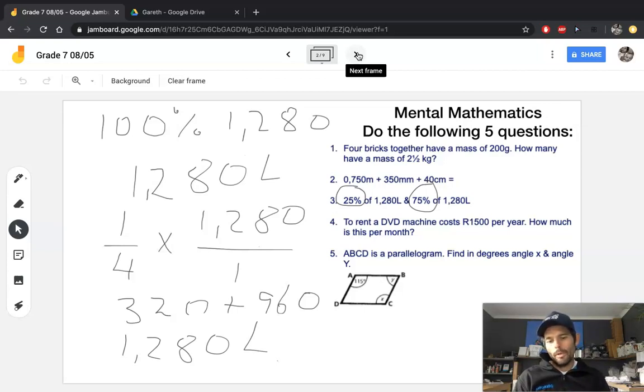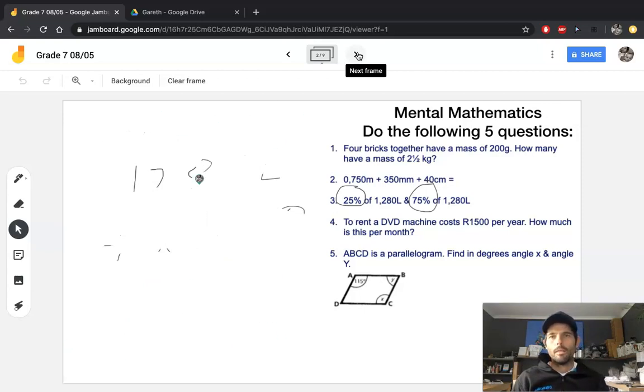Question 4, to rent a DVD machine is 1,500 Rand per year. How much is this per month? So a long division sum really is 1,500 divided by 12, and I would work this out by halving both numbers.